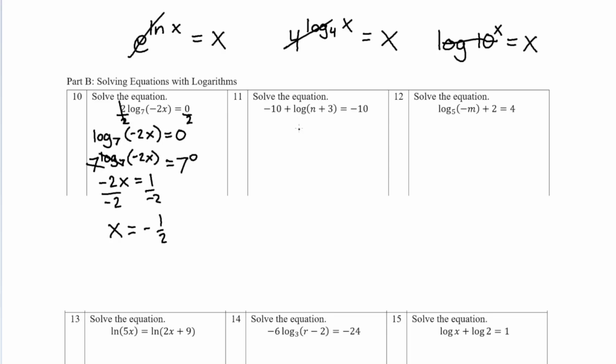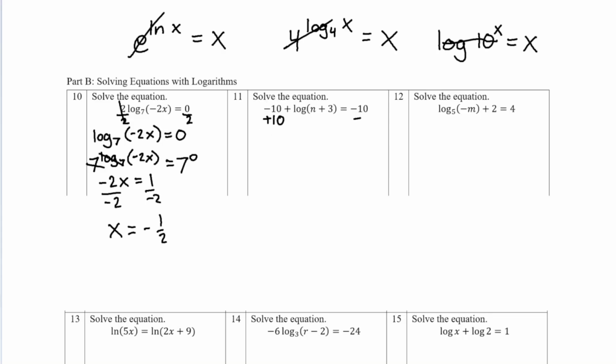Number 11. Again, I want to isolate this logarithm first. I have this constant that I would like to cancel. I do like to cancel constant values first. However, I can't do that because it's in the parentheses, and the parentheses are there because of the logarithm. I got to get rid of the logarithm first. However, that constant is absolutely not protected by those parentheses.